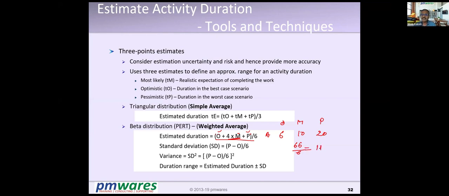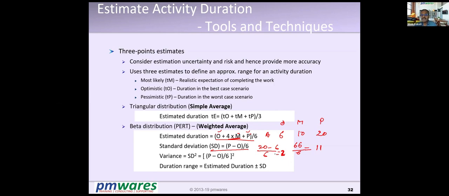So what I expected is that it will complete in 11 days, but that may not be sufficient because it may not complete in 11 days. So I calculate the standard deviation also. The higher limit minus lower limit divided by number of points. So the higher limit is 20, the lower limit is 6, and divided by 6. How much is that? It has become 14 by 6, approximately 2. It is 2 point something, but let's say approximately 2 for simplicity.